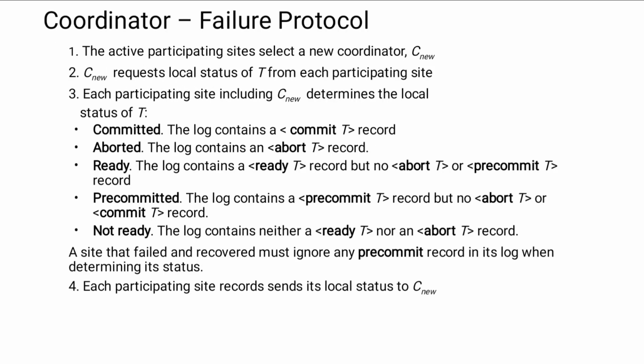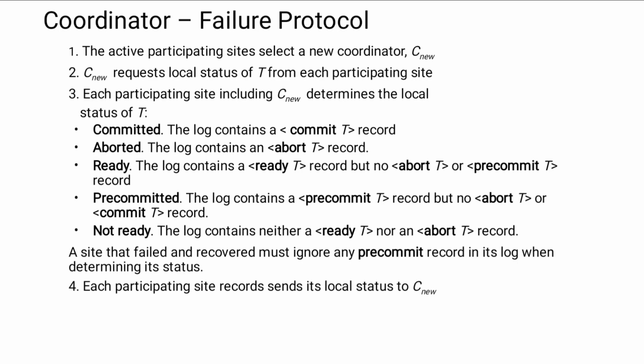If the coordinator fails, here we are using pre-commit, and that is one advantage compared to the two-phase protocol. The active participating sites will select a new coordinator. The new coordinator requests the local status of T from each participating site. After requesting, it will receive the responses.